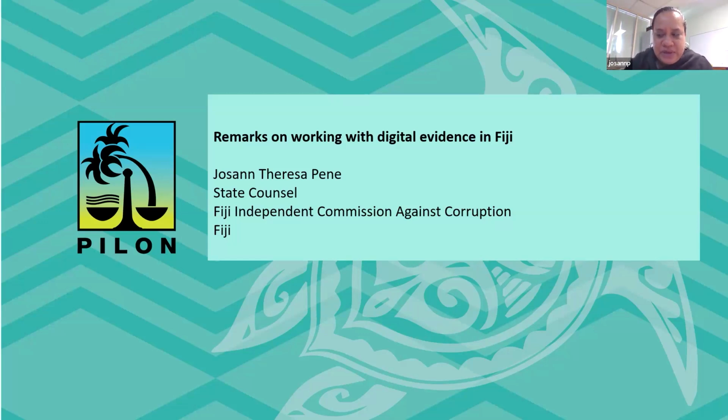Another thing that is becoming a trend now is that when it comes to digital forensics evidence, where laptops or mobile phones are pieces of evidence in a particular case, there's the issue of passwords.